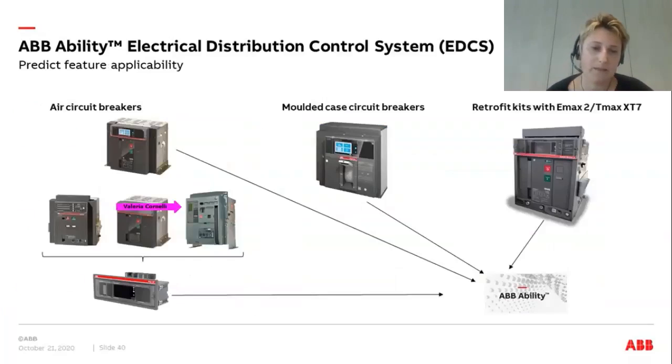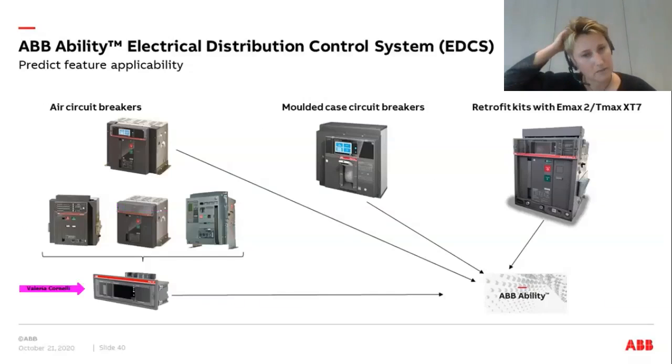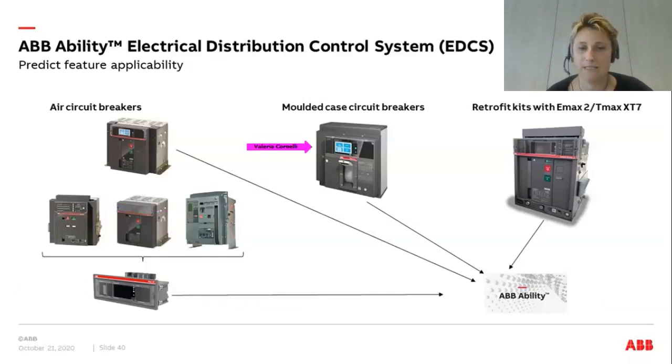I anticipate also this information about GE products: GE could be connected to the cloud through a Keep Up. Talking instead about molded case circuit breakers, we have for now only the XT7 connected to Predict. And you can have access to all the breaker health conditions using the retrofitting kits with Emax2 and Emax XT.